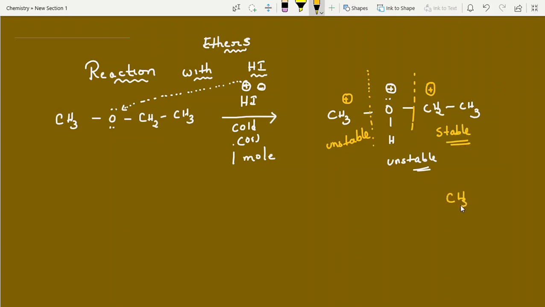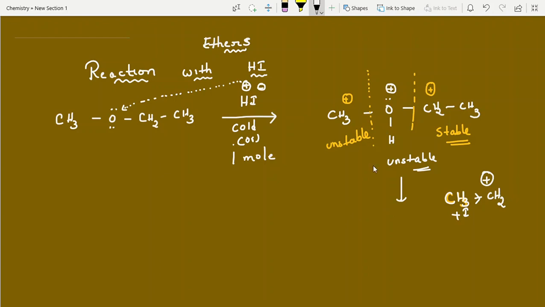What is the reason? Due to the inductive effect: CH3CH2+, the electron releasing group. So the breakage depends upon the stability of the ion. Here it is unstable; here it is stable. So always we have to follow this technique.